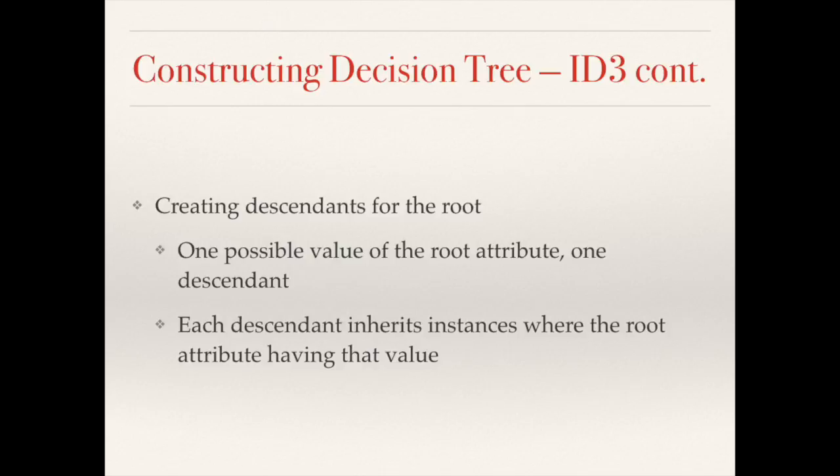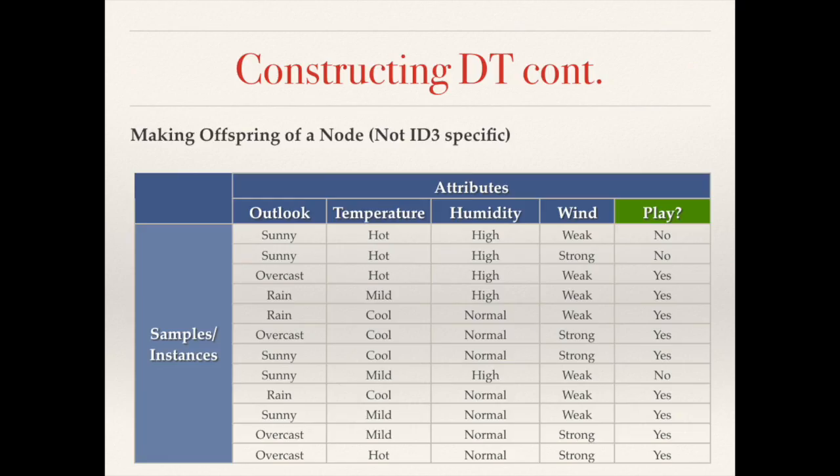In each descendant node, we will recursively iterate the above discussed procedure, and so on and so forth until we arrive at some node where all training samples belong to the same target class, and that finalizes the construction of the tree. Let's have a concrete example of how this algorithm works.